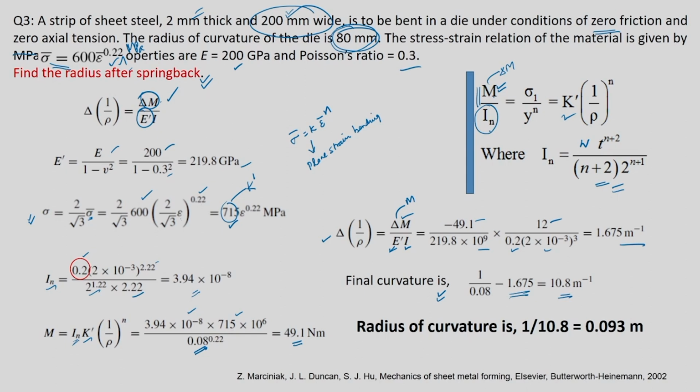And if you want to get radius of curvature, you can take 1 by 10.8, which is nothing but 0.093 meter. Just check the units consistently, okay. So, you can also convert into millimeter if you want. Finally, radius of curvature is obtained in this way, which is what has been asked from us, okay.